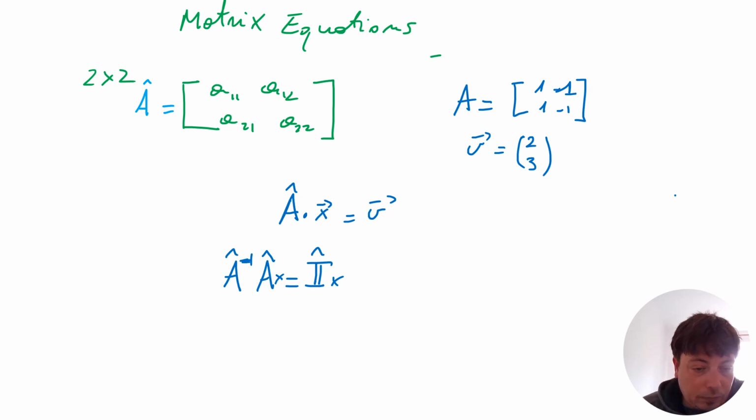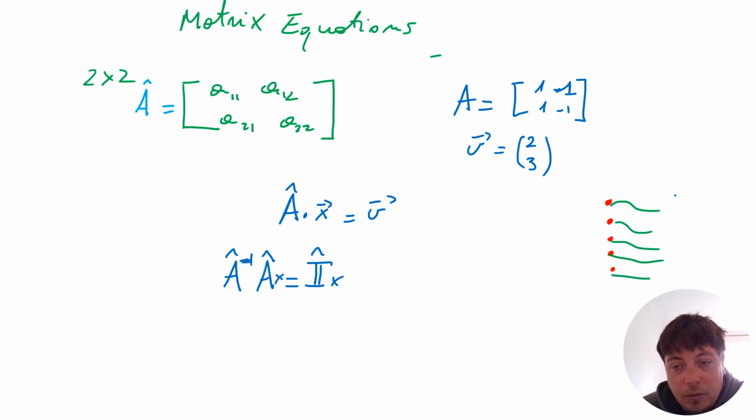Now, not every matrix can be inverted, okay? And this is due to the fact that, in some way that I'm not going to discuss, let's say these are points, let's call them vectors. The matrix is invertible if all the vectors go to different vectors, the same way that we did for a function.